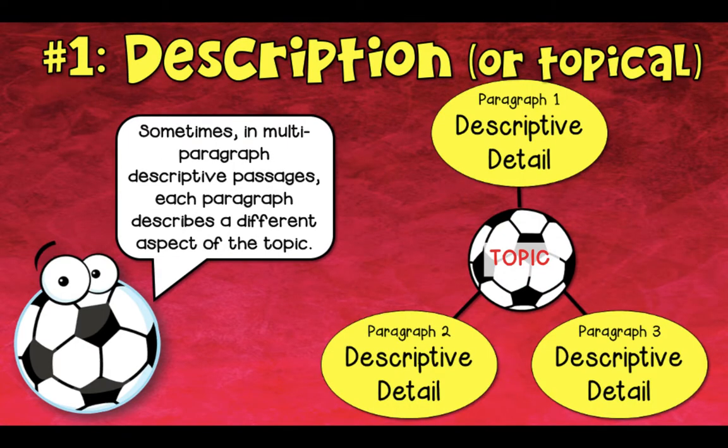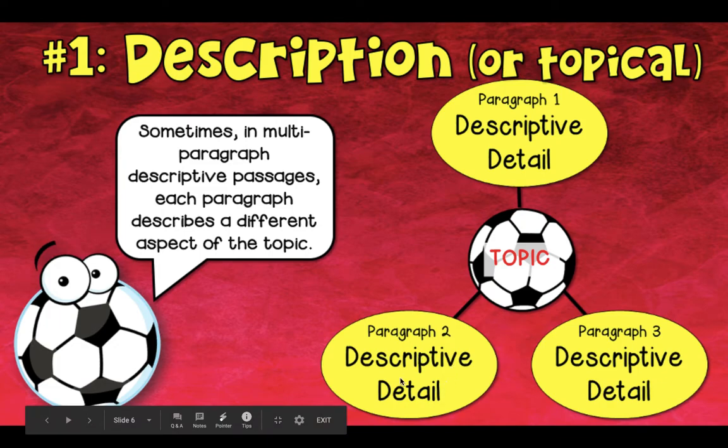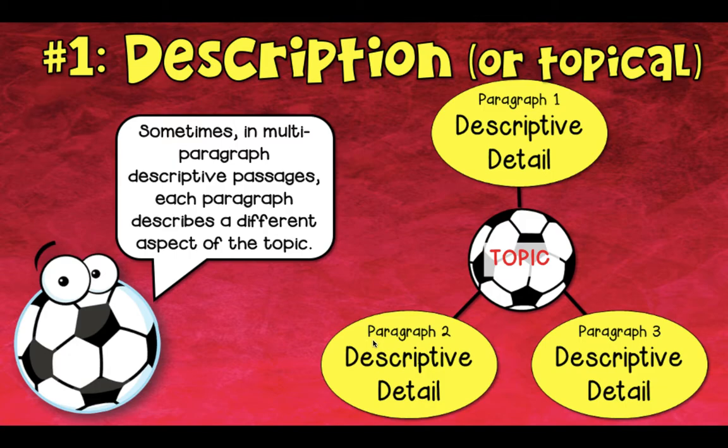Description number 1. Sometimes in multi-paragraph descriptive passages, each paragraph describes a different aspect of the topic. So for example, a topic here. The first paragraph describes in detail. It's descriptive detail, paragraph 1. Paragraph 2, descriptive detail here. Maybe it's giving you a description of soccer and maybe where it's played.